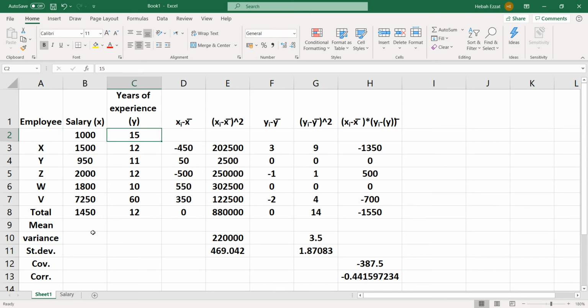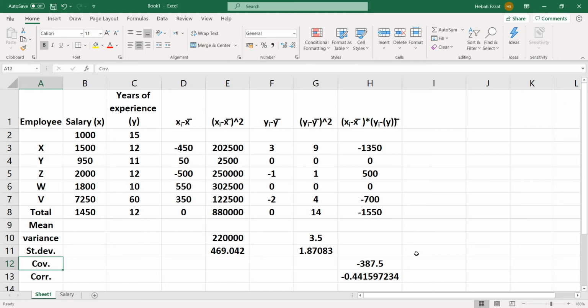To answer this question, we can find the covariance and the correlation. The main problem with the covariance is that it's really hard to interpret its results. The correlation usually gives us a number between -1 and 1.